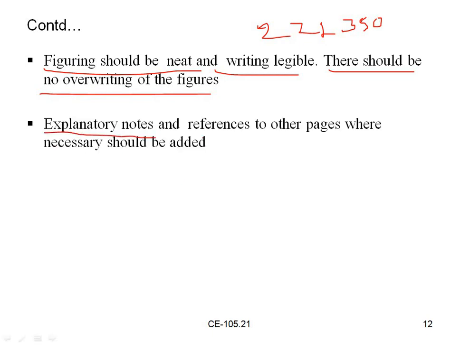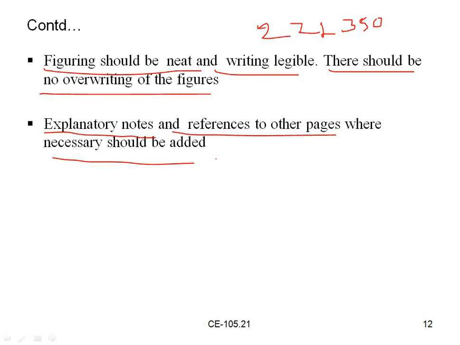And explanatory notes and references to other pages, when necessary, should be added. So in the field book we have to write explanatory notes and references to other pages. If anything is missing, it should be added. If the field book is full or there is no place to draw, we have to draw or write in the explanatory notes in another record book.